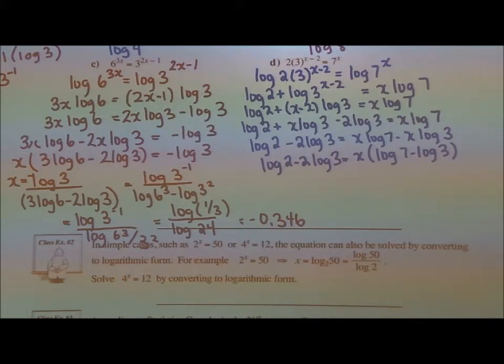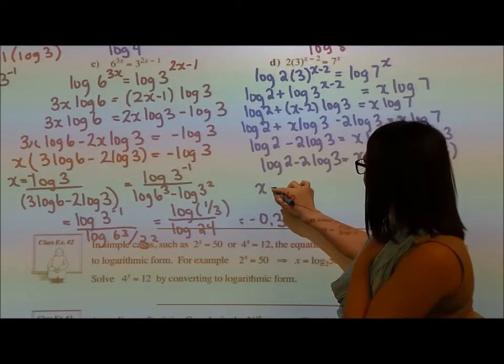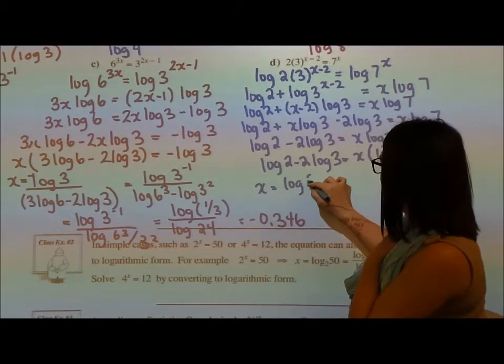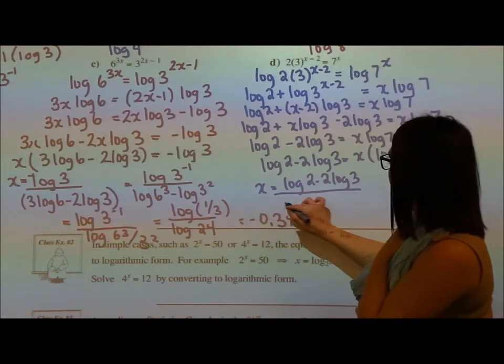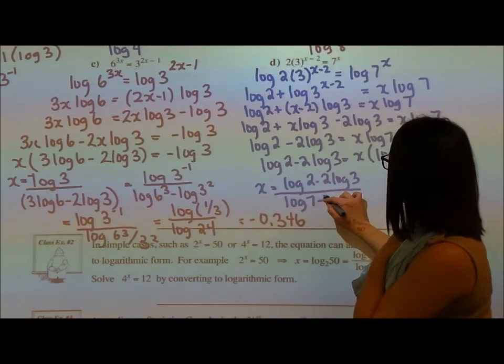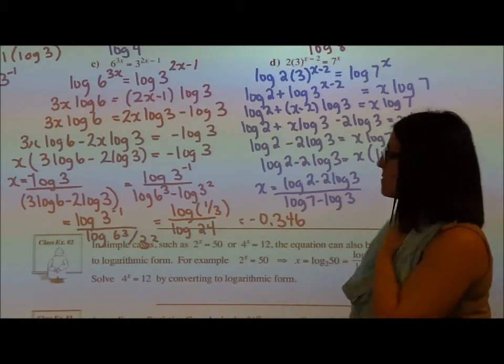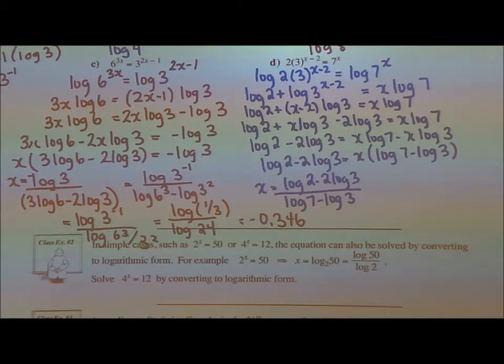And then divide by log 7 minus log 3. I'm going to write mine as x equals, just because I'm running out of room, but it still would end up being the same thing. Do I have this in the form that the question asks for?